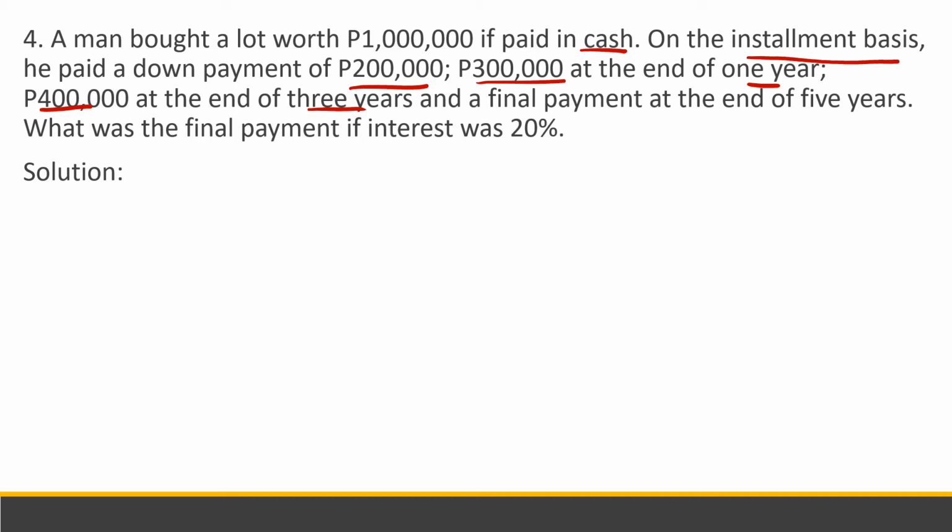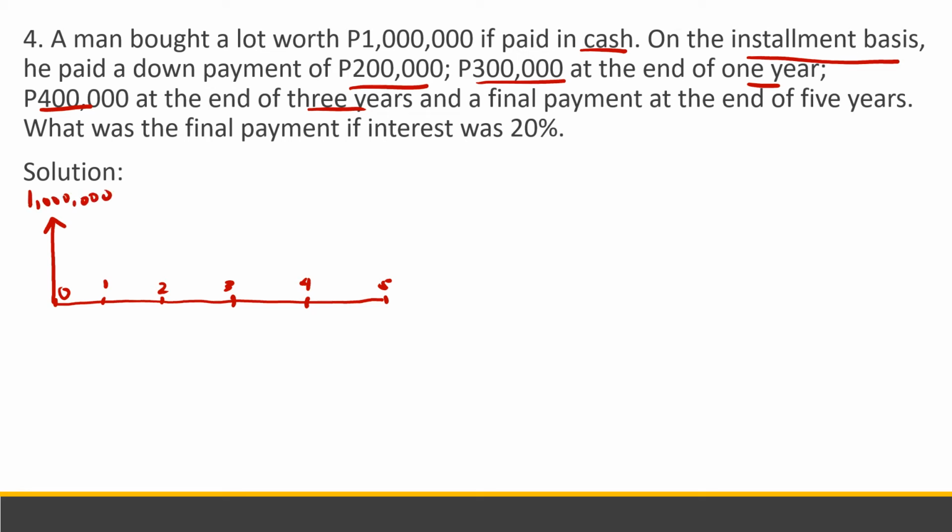So let's draw our cash flow diagram. There are 5 years: 0, 1, 2, 3, 4, 5. There are two instances. If paid in cash, there is 1 million.